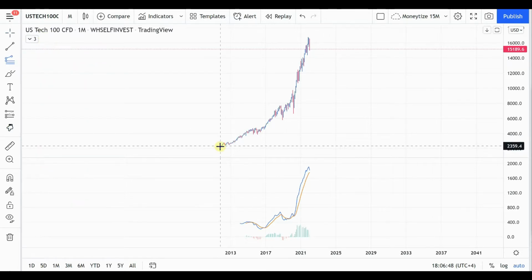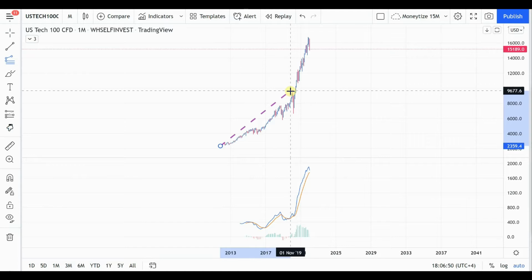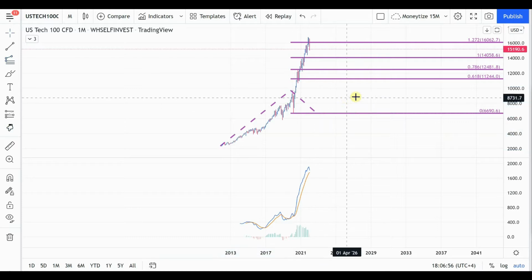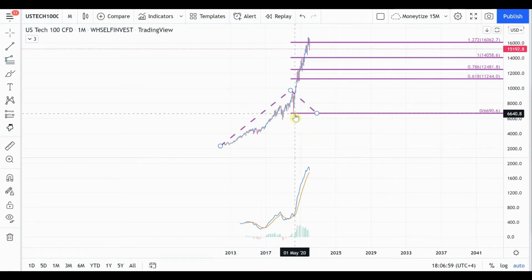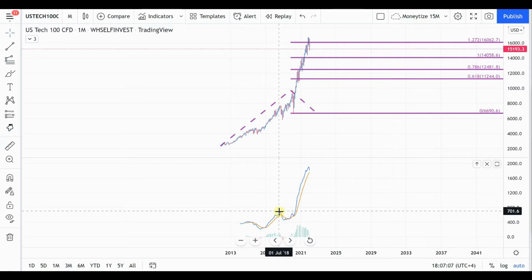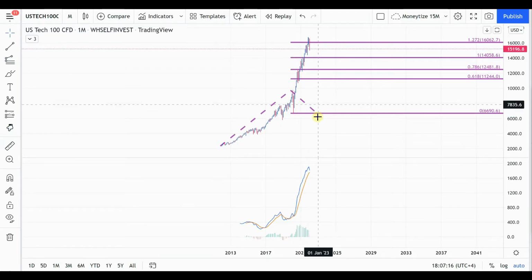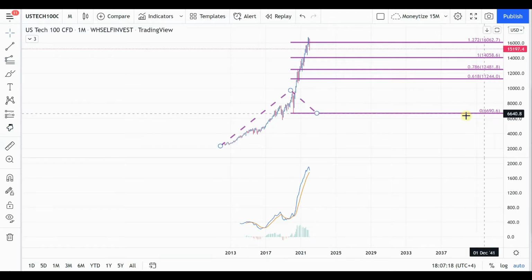I'll start from the lowest available point and the first high, the intermediate high, and connect to the low point of the first cycle. Why is this the highest and the lowest point of the first cycle? Because it ended with a bearish divergence at that time, made a low, and then from this point the new cycle has started. So the new cycle started from 6690.